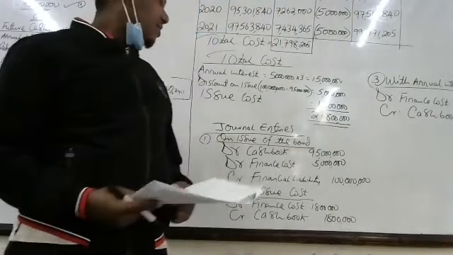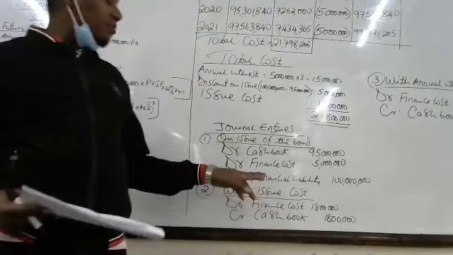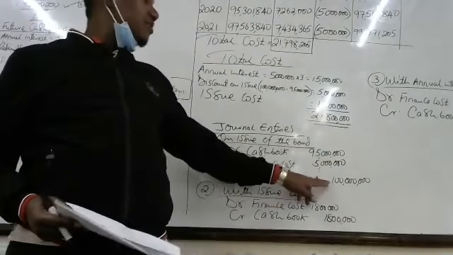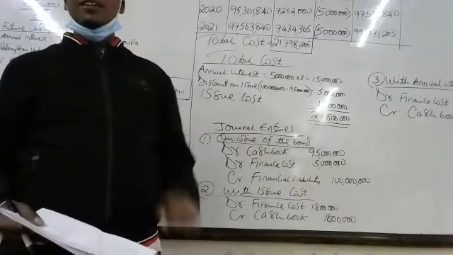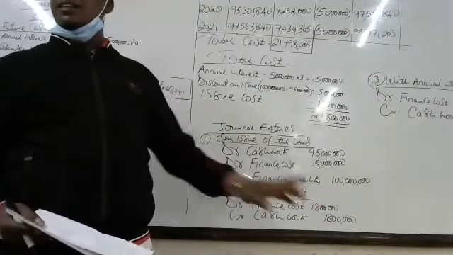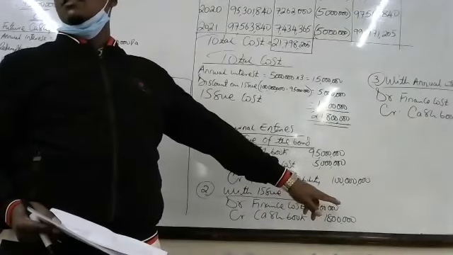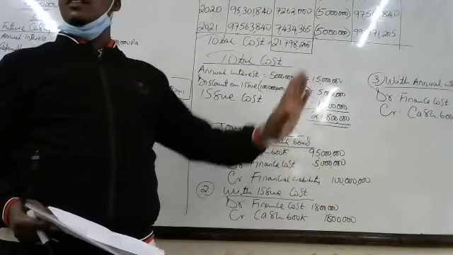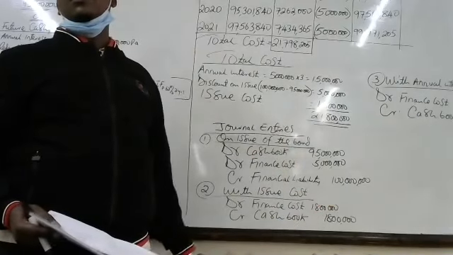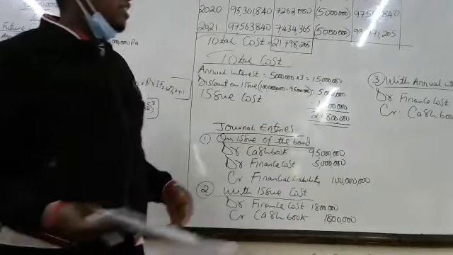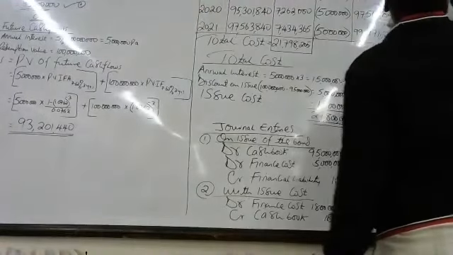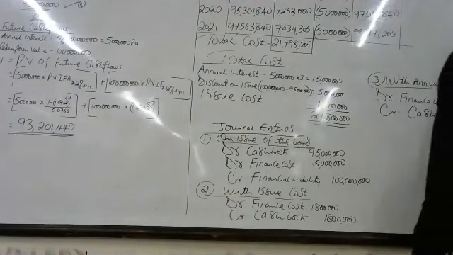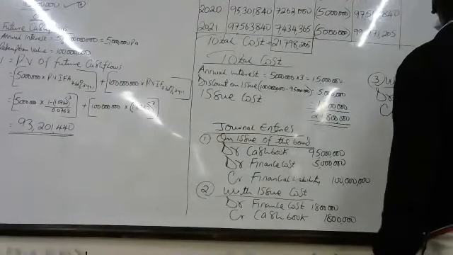Such that the liability or the bond account will remain with a balance of what? And for 3 years. At the end of the 3rd year, you pay, is it? Debit the bond, credit cash. Then this finance cost account is the one which will be changing from year to year.